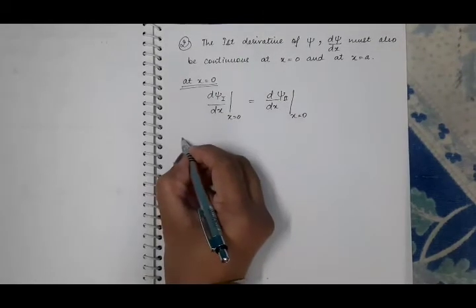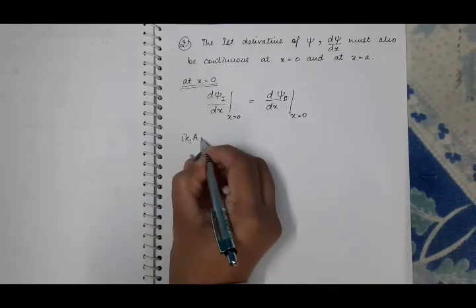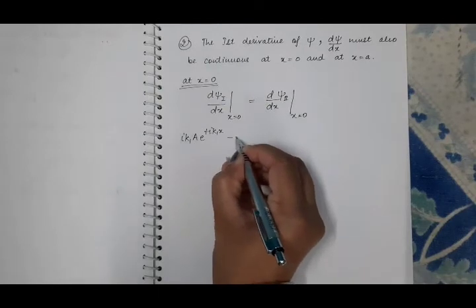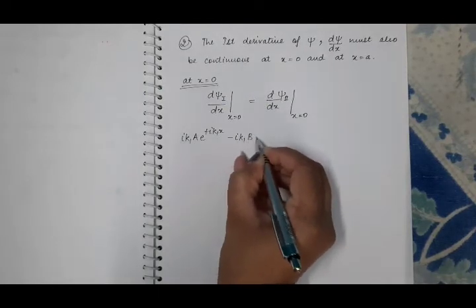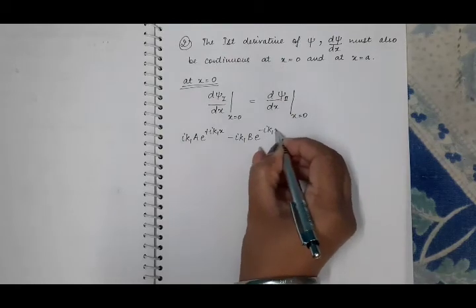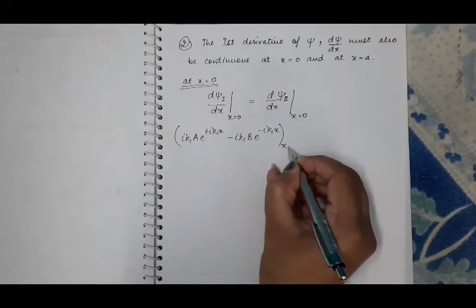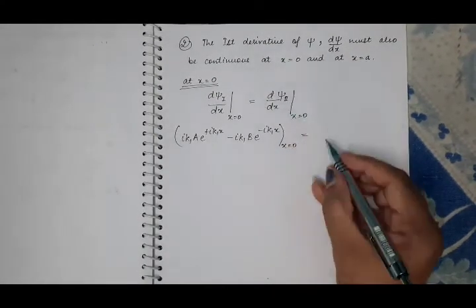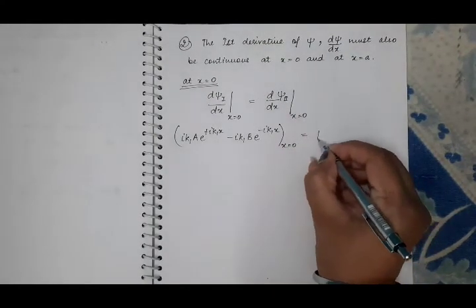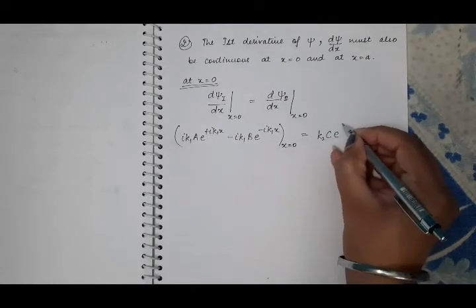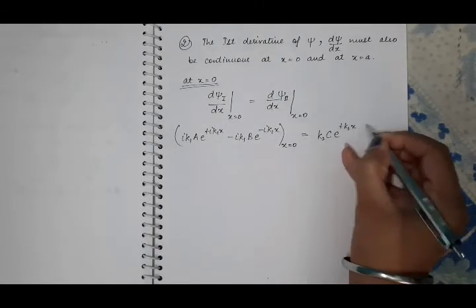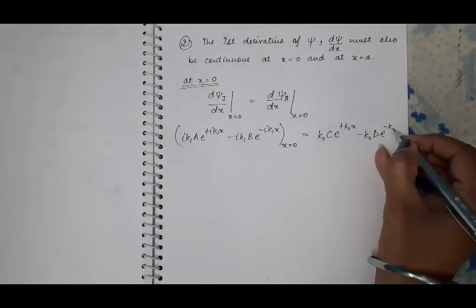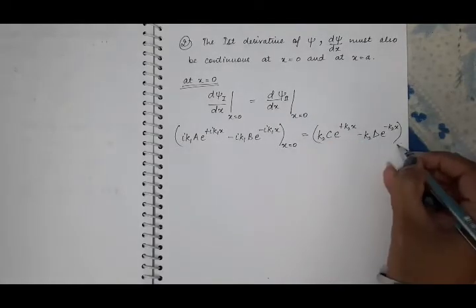Derivative of psi1 will be iota k1a e raised to power plus iota k1x minus iota k1b e raised to power minus iota k1x at x is equal to 0. It is equal to the derivative of psi2, which will be k2c e raised to power plus k2x minus k2d e raised to power minus k2x at x is equal to 0.